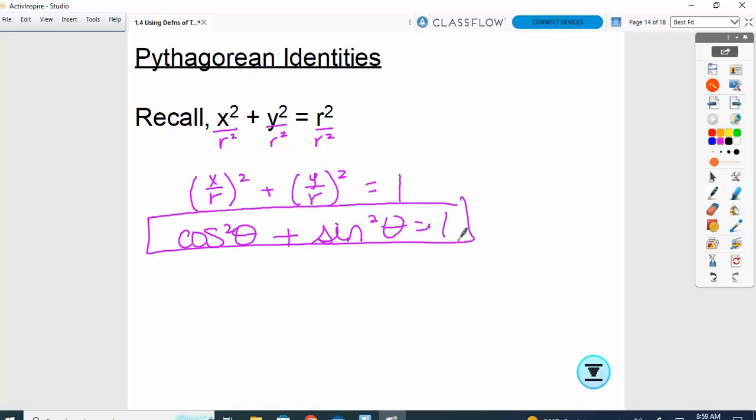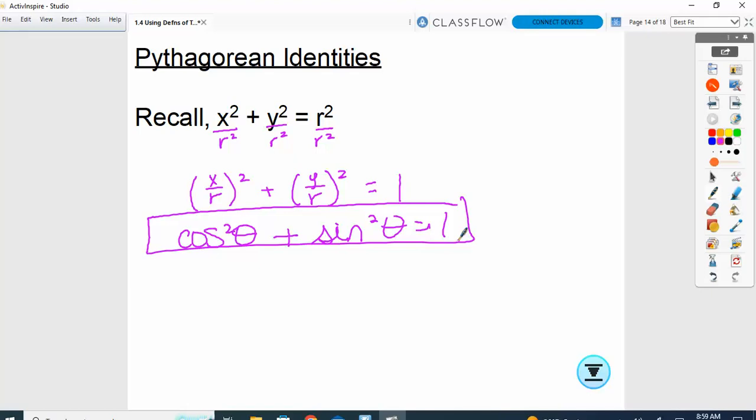This is probably the single most important identity that we will see right now. And it's really the one that carries on if you have to take calculus. Out of everything we use in trig, this is probably the thing that gets used the most often in further math classes. Sine squared theta plus cosine squared theta equals 1.